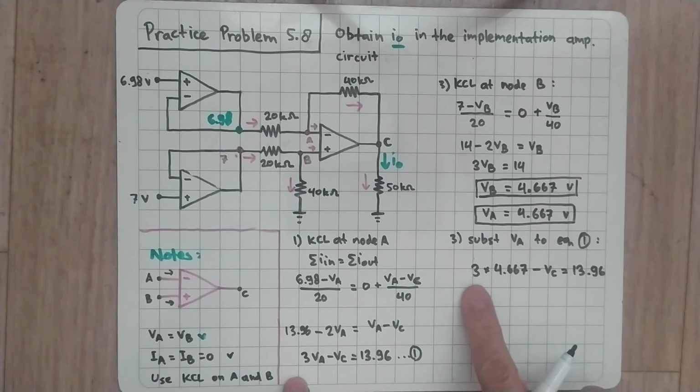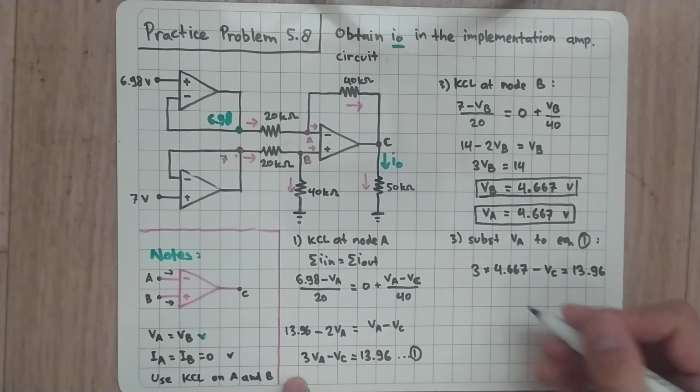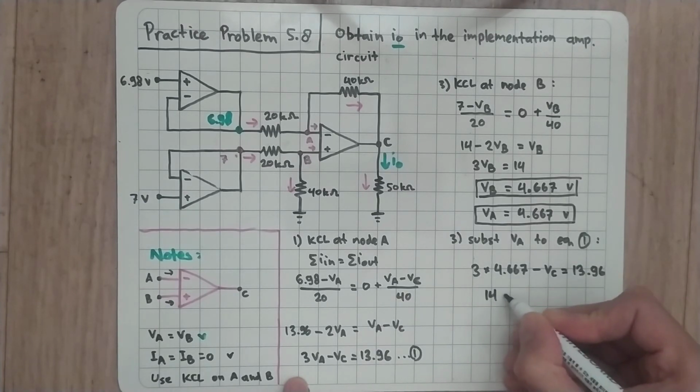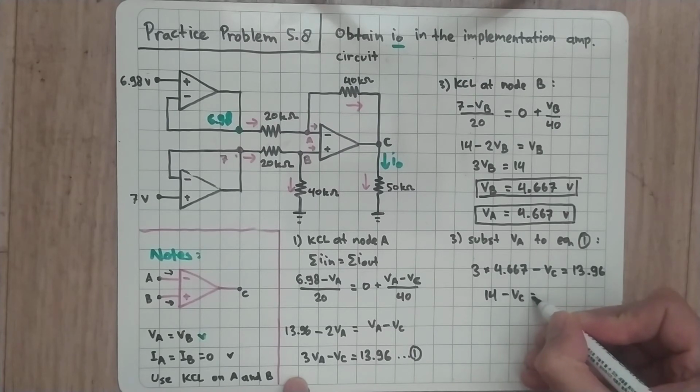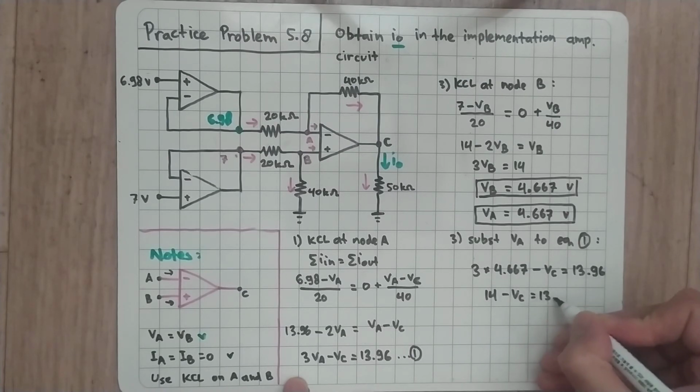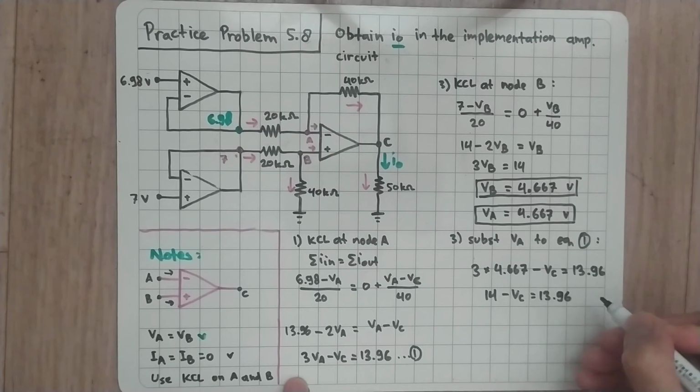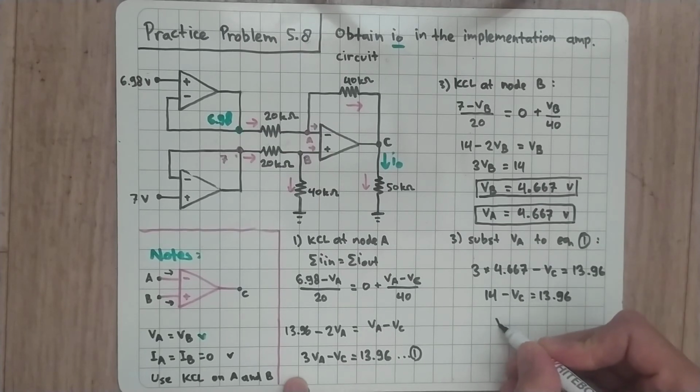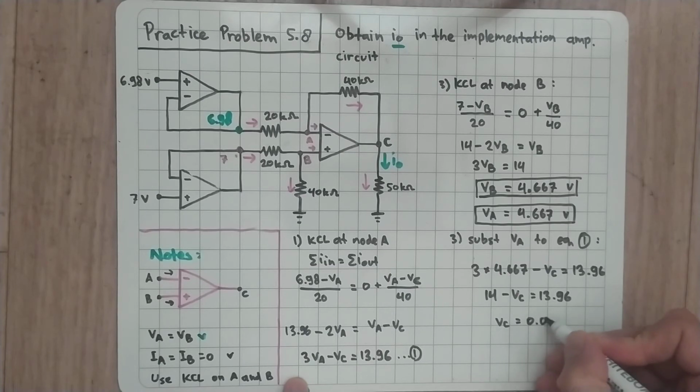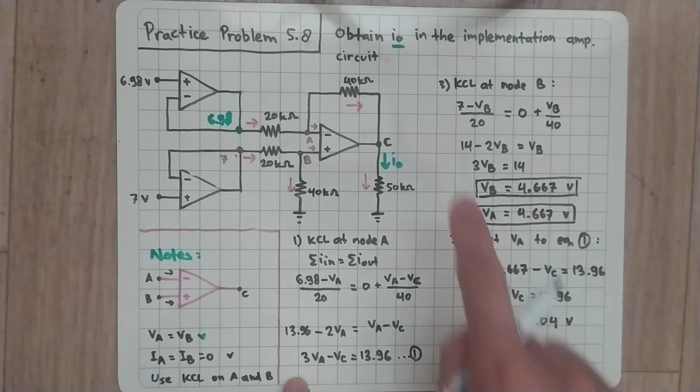Okay, this is equal to 14, so I will have 14 minus VC is equal to 13.96. So I will have VC is equal to 0.04 volt. So this is VC, 0.04 volt.